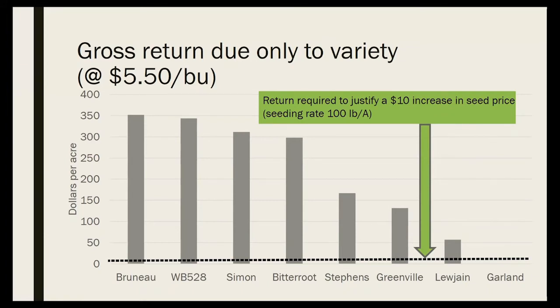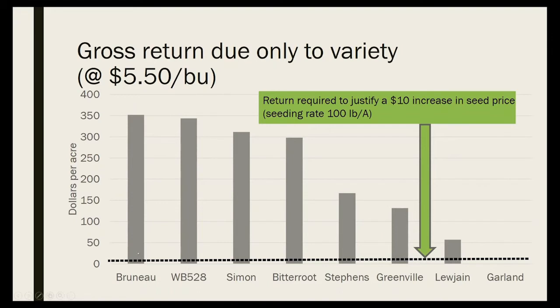it's actually very insignificant. And so I would suggest that seed cost is really not important in the big scheme of things. The most important thing is the performance of the variety, because a high performer will make up for that seed cost many times over.